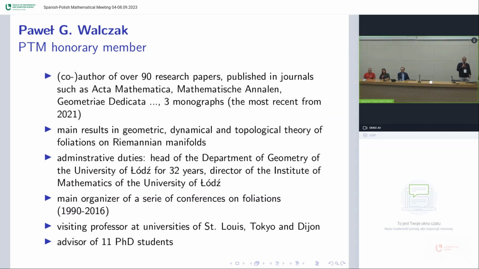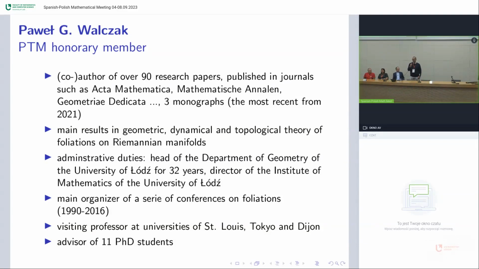He's an author or co-author of over 90 research papers, published, for example, in such distinguished journals as Acta Mathematica, Mathematische Annalen, Geometriae Dedicata. He also wrote 3 monographs, the most recent about extrinsic geometry of foliations together with Vladimir Rovenski.